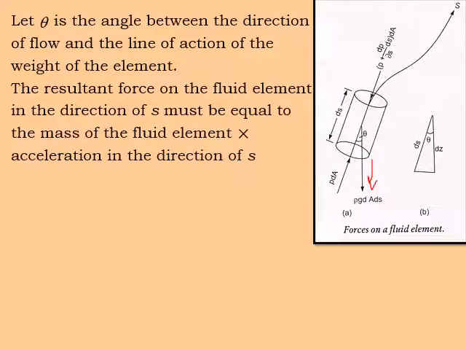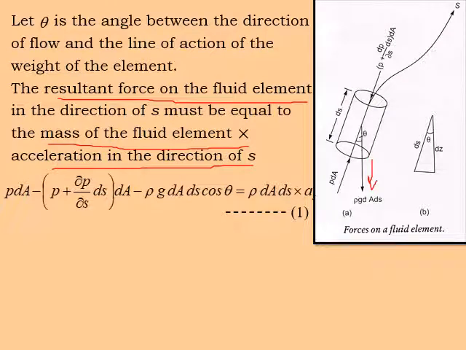The resultant force on the fluid element in the direction of S must be equal to the mass of the fluid element into acceleration in the direction of S. According to the equations of motion, force is given by mass into acceleration. According to this, the pressure force acting in the direction of S is P dA, minus (P plus ∂P/∂S dS) dA.